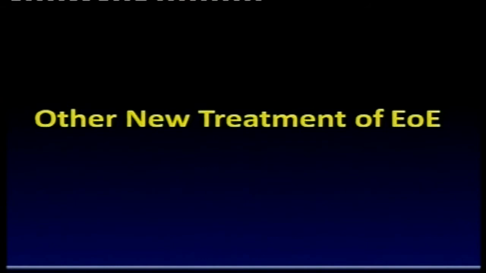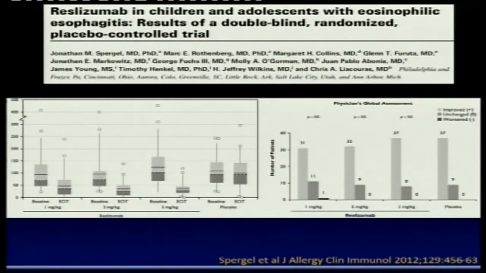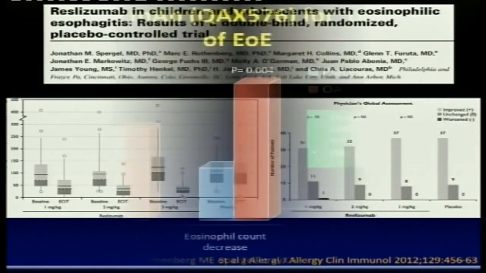So what are other new modalities of treatment? Reslizumab is one of the monoclonal antibodies blocking interleukin-5. It is a promising agent. It demonstrated in RCT trials, by the symptoms, by the histology, and by the global assessment, a better response at the dose of 2 to 3 milligram per kg, and we still need more data to use it in our practice.